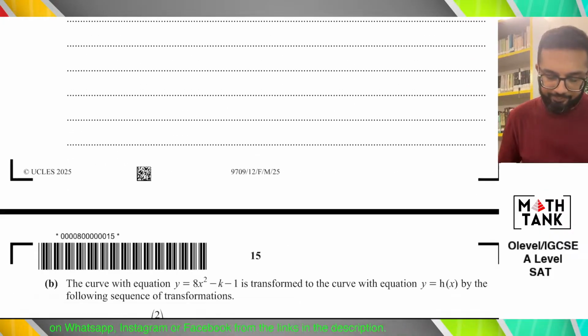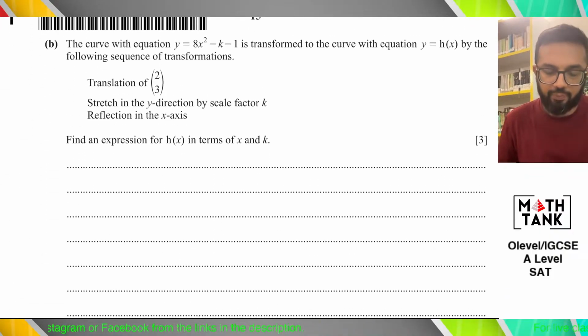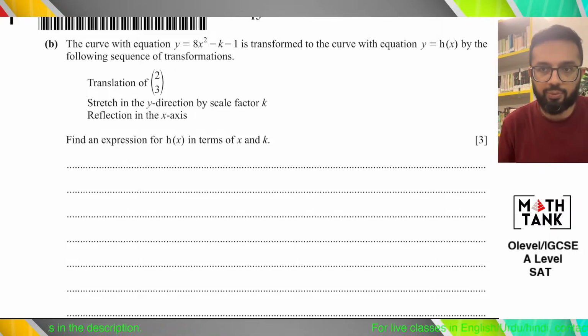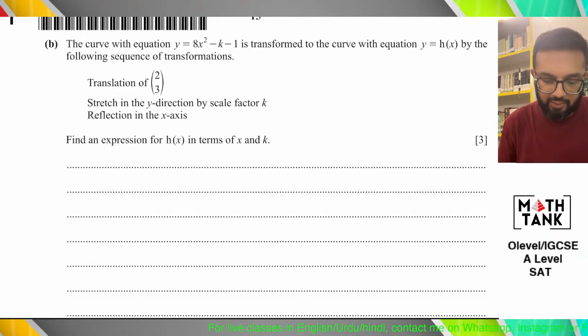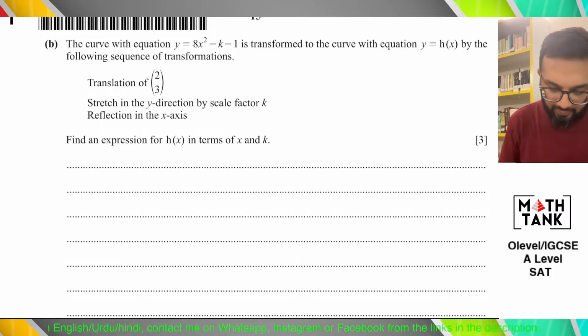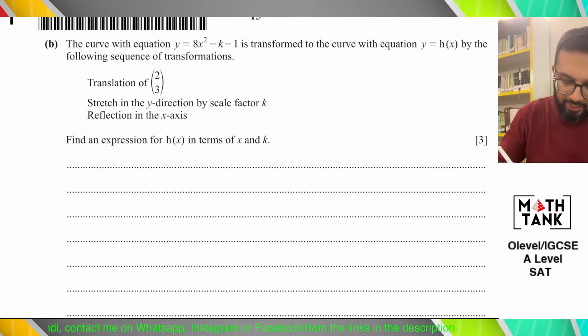Okay, part b. The curve with this equation is transformed to the curve with equation y equals h of x by the following sequence: a translation of (2, 3), a stretch in the y direction by scale factor k, a reflection in the x-axis. Okay, so we'll do it step by step.